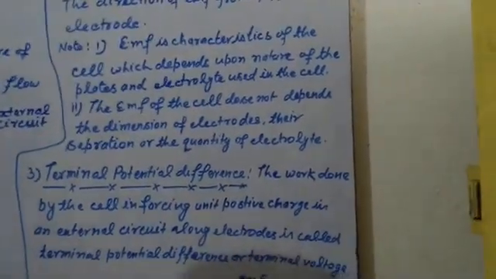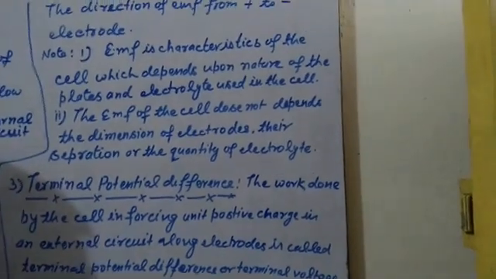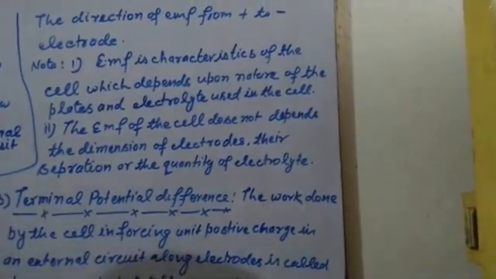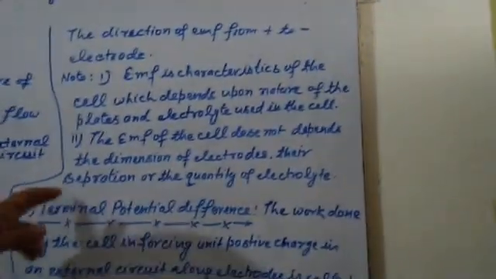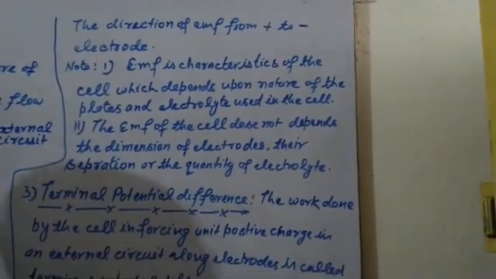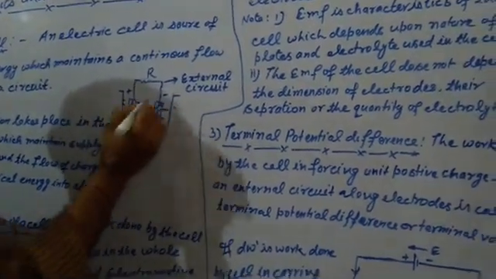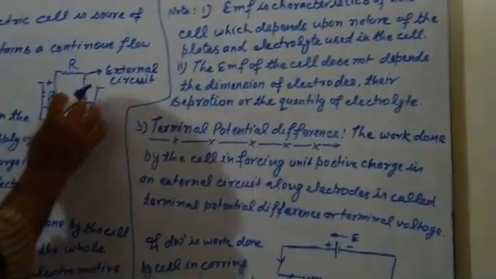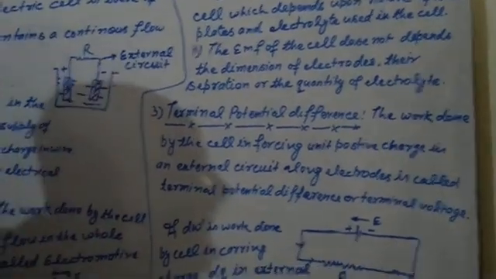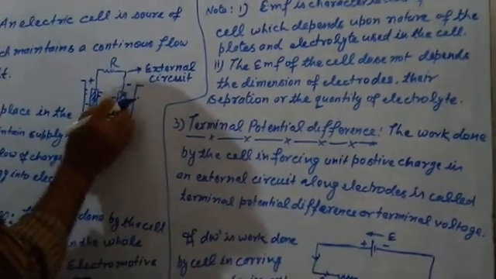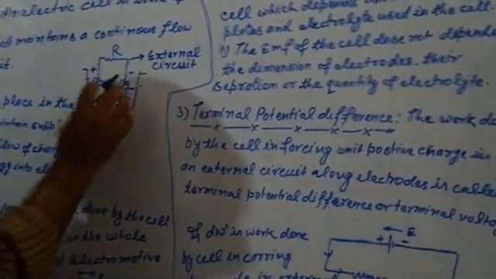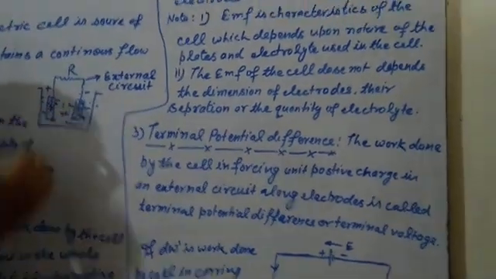EMF of the cell does not depend upon the dimensions, means length, of the electrodes, the separation between the electrodes, and the quantity of electrolyte in the cell.